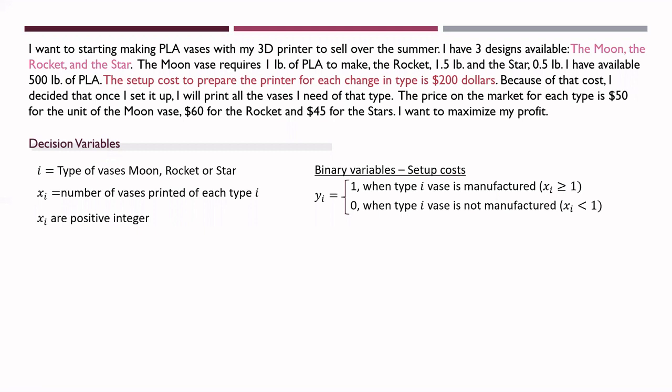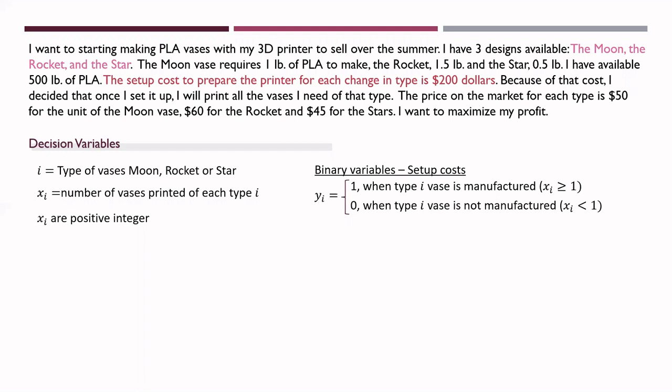But we have the setup cost, and we have another set of variables that we need to write down. So if I decide to manufacture the moon vase, I will have the setup cost to set the printer to the moon vase style.